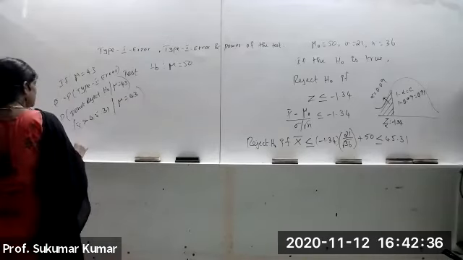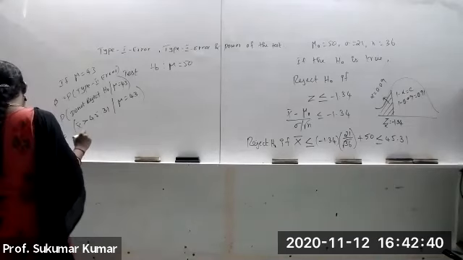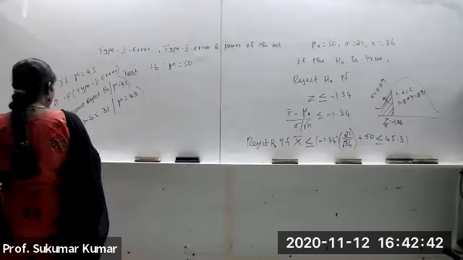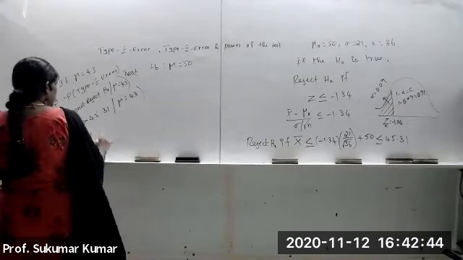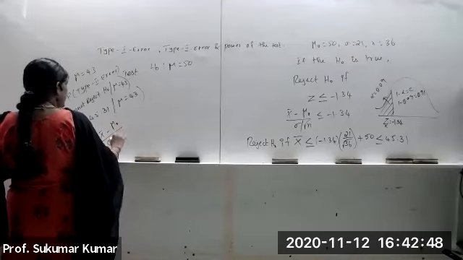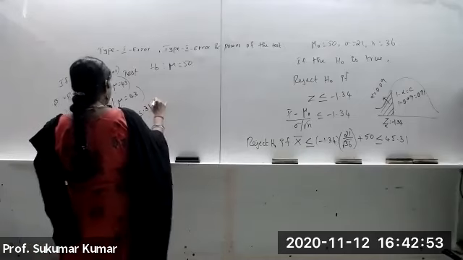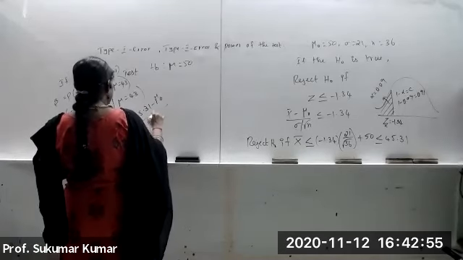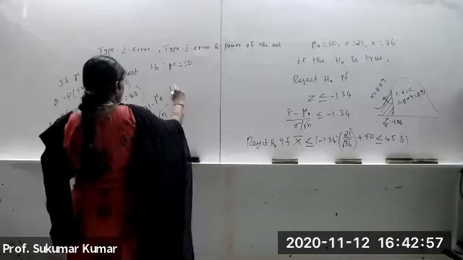புரியுதா? Next x bar இத எப்படி கன்வர்ட் பண்ணோம், P of (x bar minus mu naught) divided by sigma by root n greater than (45.31 minus mu naught) divided by sigma by root n given mu is equal to 43. So this is your mu naught value.